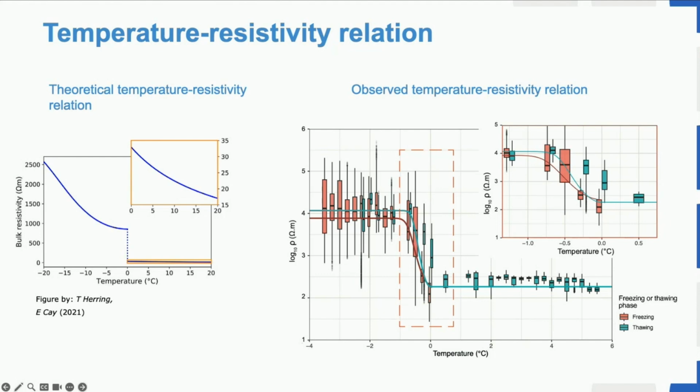As you start freezing, your resistivity value goes up a little bit slowly, and when you start thawing, the resistivity value follows a slightly different pattern. And that has to do with the difference in liquid pore water fraction between the freezing and the thawing process.